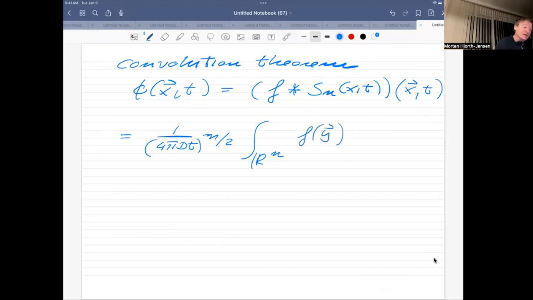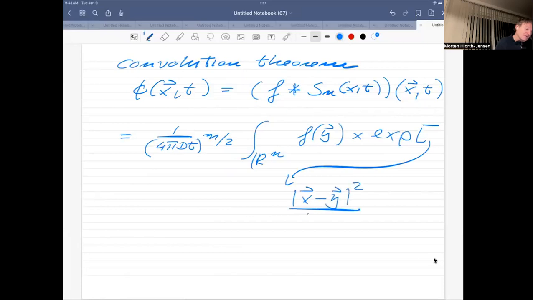That's my initial condition, and this is multiplied with the exponential. Let's now put that in, so I'm just going to rewrite this one. So this continues. The argument is given by x minus y squared divided by 4Dt. And this ends here. This is the argument, and this is then multiplied with d^n y.